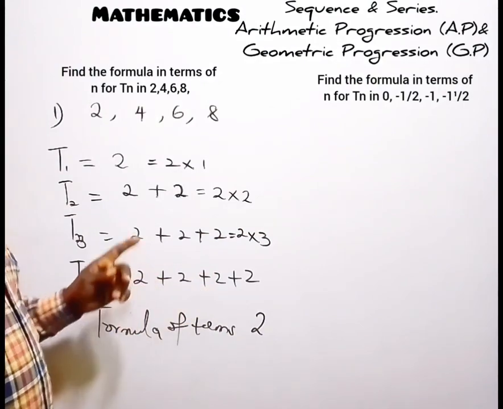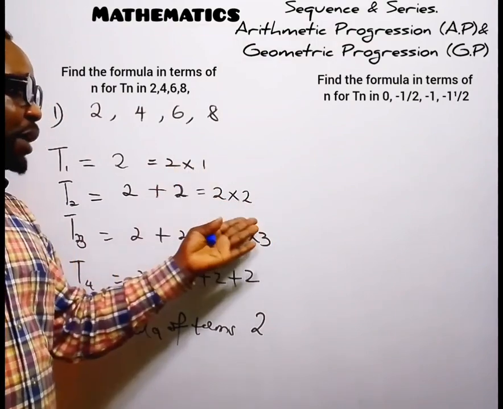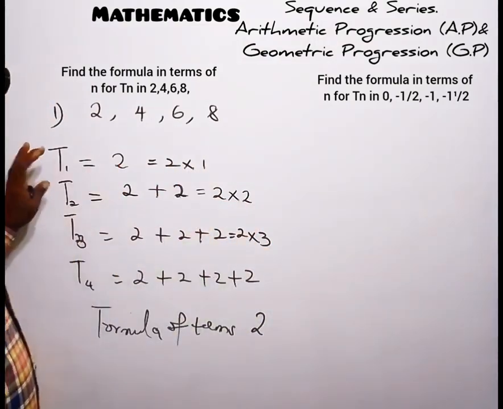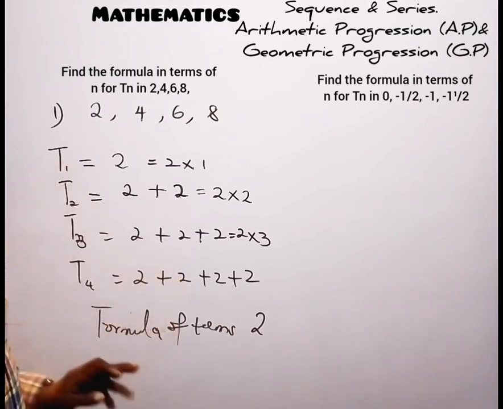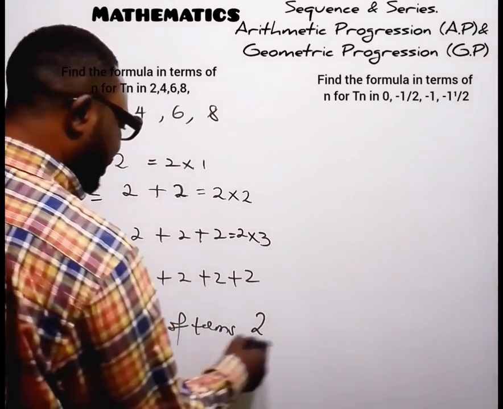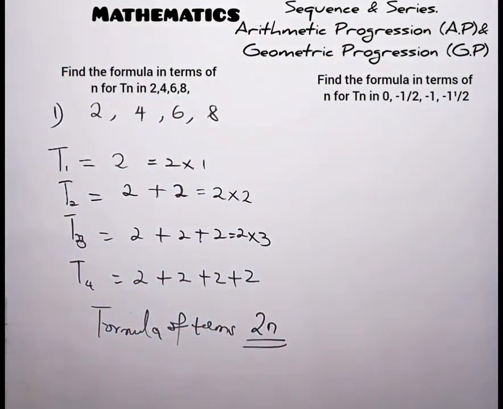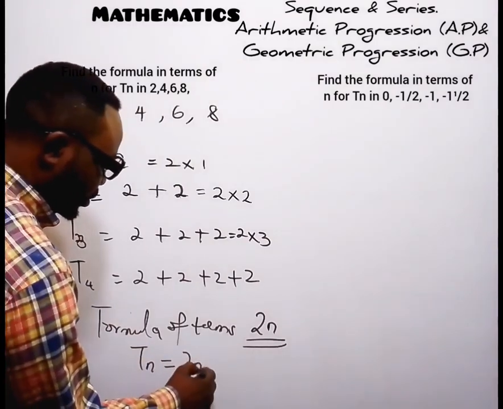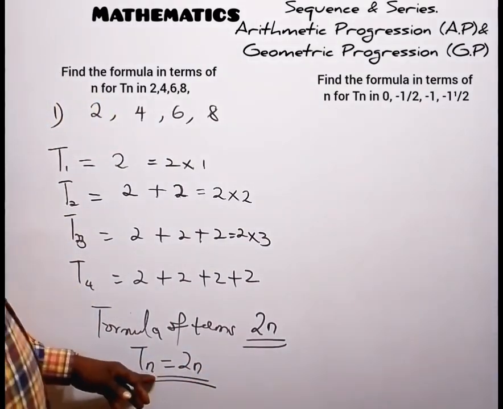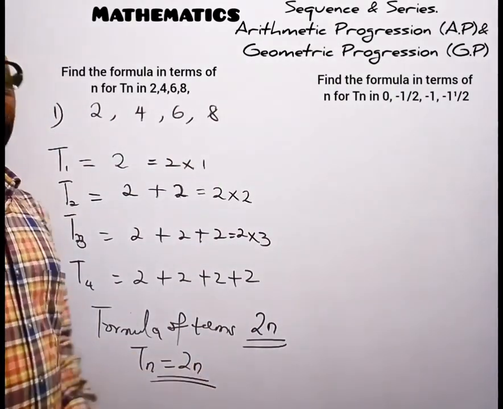Now, if you look at the value I multiply each of these terms by, you will discover that it is the position of the term that they belong to. So I can easily say that the formula for my term is 2n. That is, Tn is equal to 2n. The formula for my sequence is 2n.